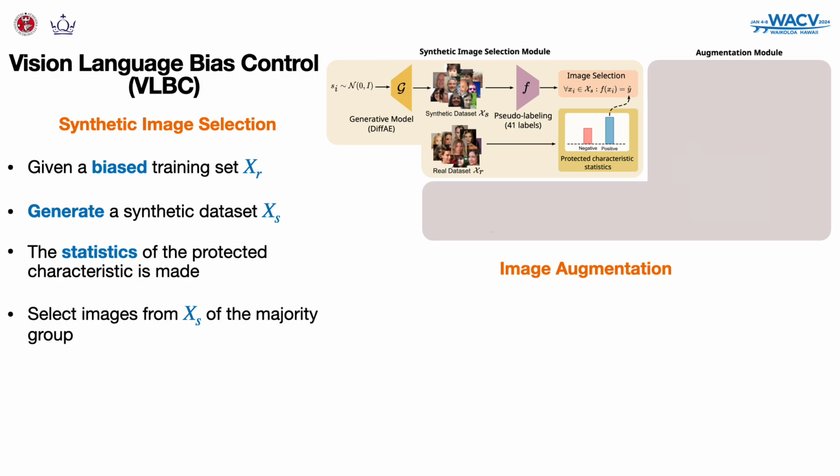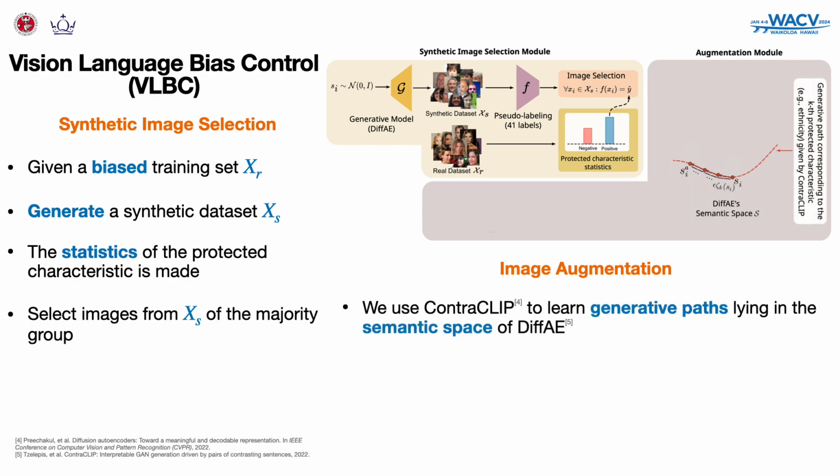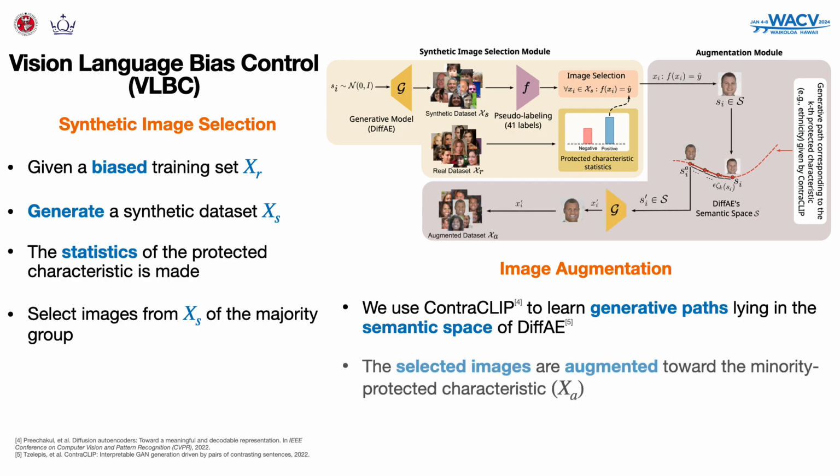In the augmentation module, we make use of ContraClip, which exploits natural language to find meaningful paths lying in the semantic space of a given generative model. We apply this method to the diffusion-based generative model DeFi. The previously selected images are augmented toward the minority group. In this case, we make white people of darker skin tones, while keeping unaltered the downstream classification attribute.